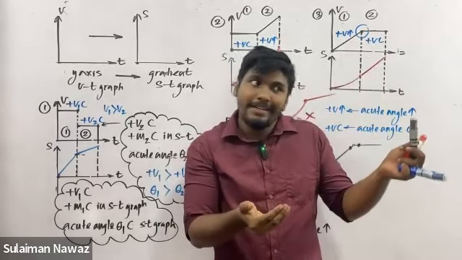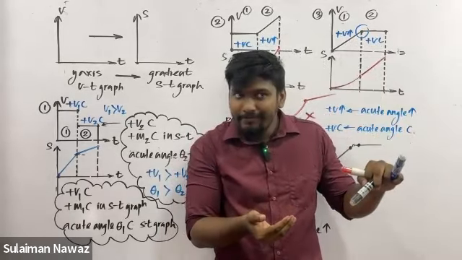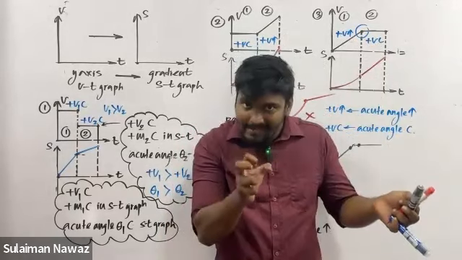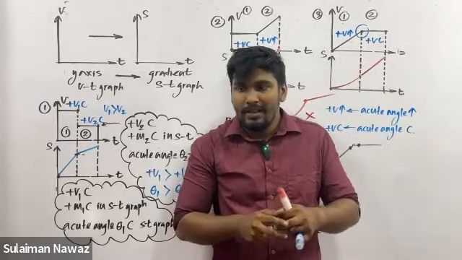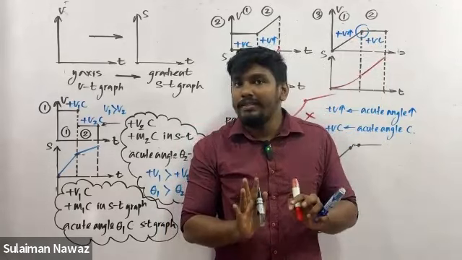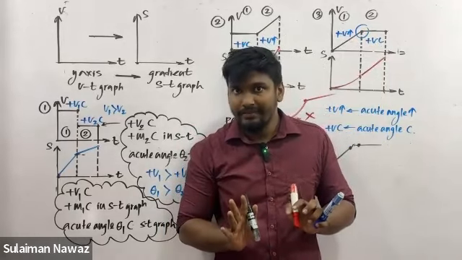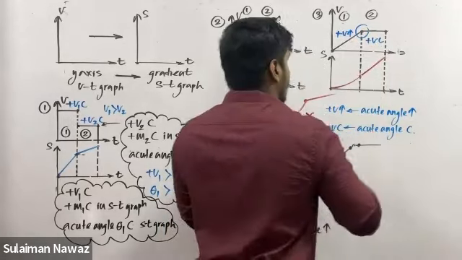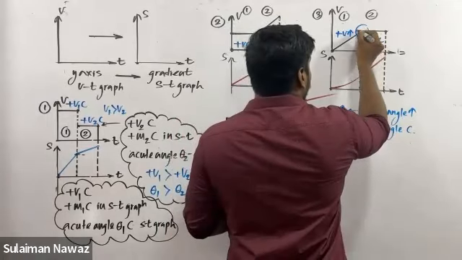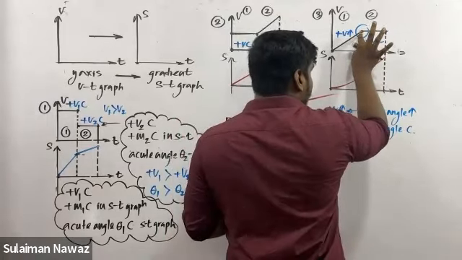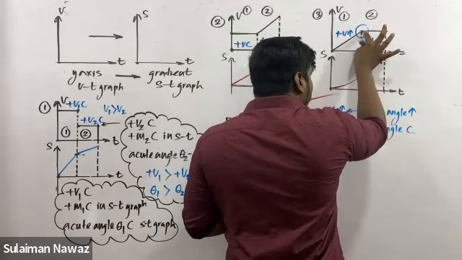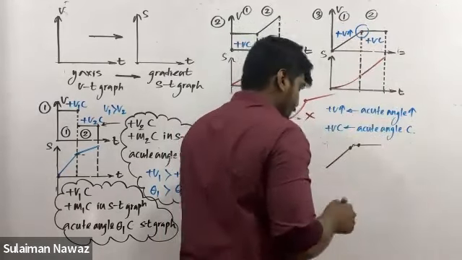Tell me, what can we say about their velocities? Must be the same. Am I correct? The velocity at the last point of the first graph and at the first point of the second graph are actually the same.